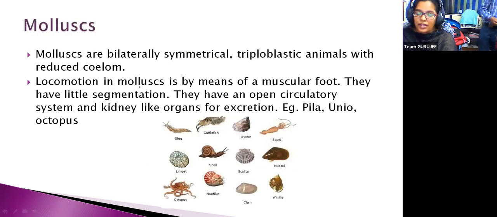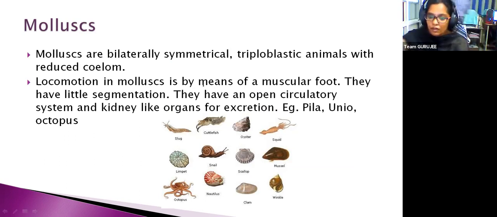Next, mollusks. Mollusks are bilaterally symmetrical. Bilaterally means it can be divided into two halves. They are triploblastic. Triploblastic means it has 3 layers of embryo.